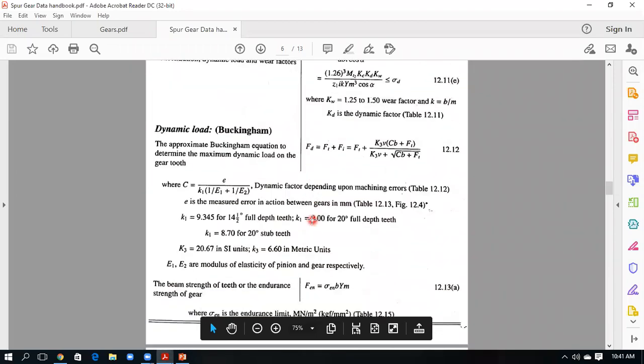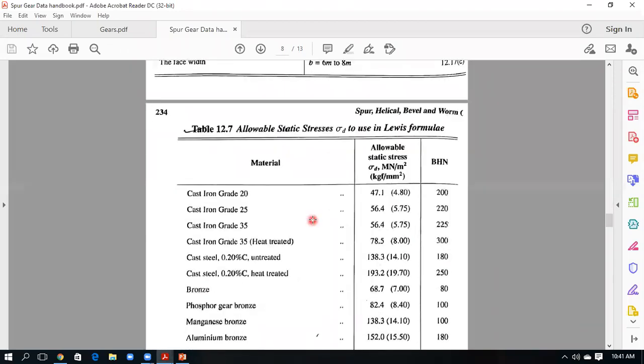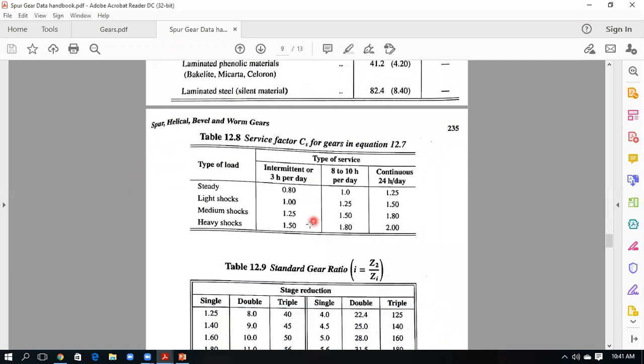I will show that table, how to find that value. Yes, here it is. CS, the value to find the torque on the gear, is nothing but the service factor. In this problem, the type of loading is not mentioned. If it is not mentioned, you can assume steady or light shock, and a service period of 8 to 10 hours per day.